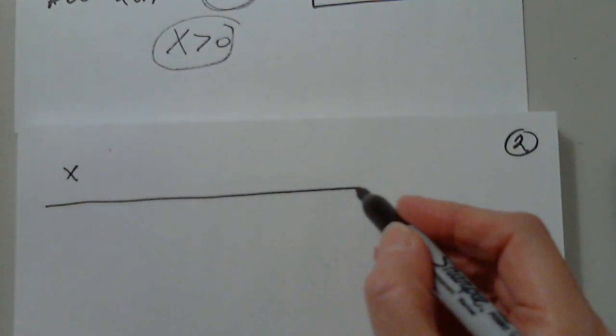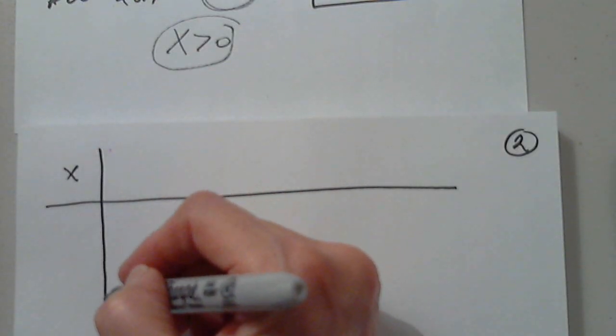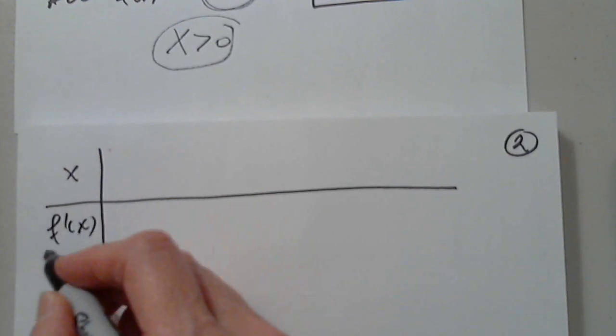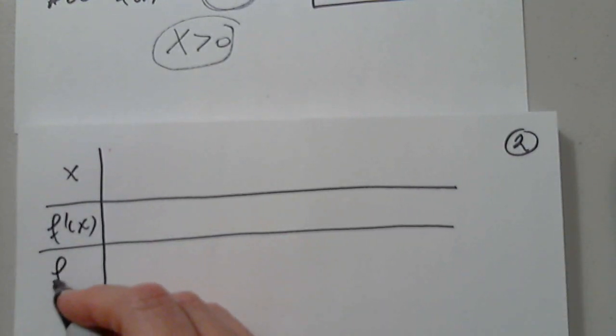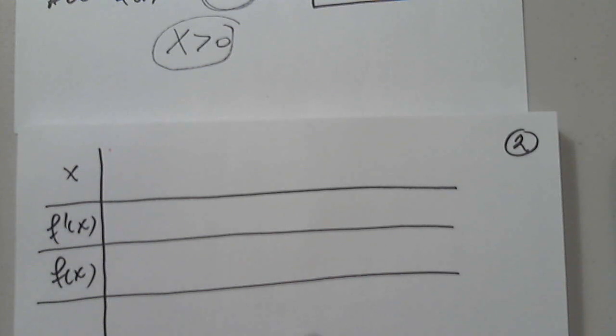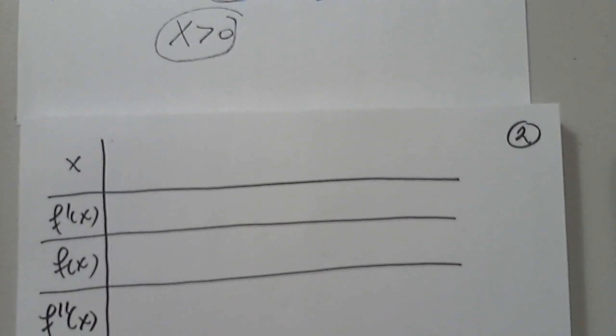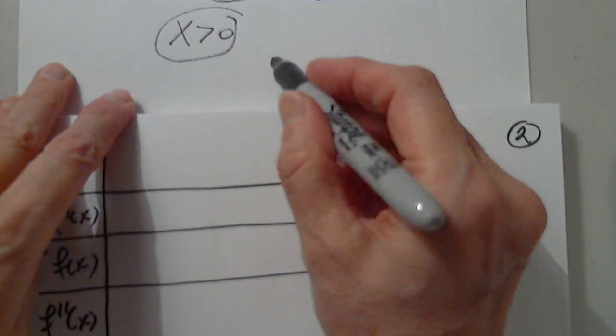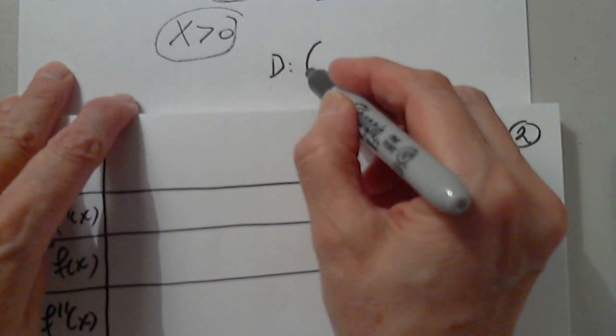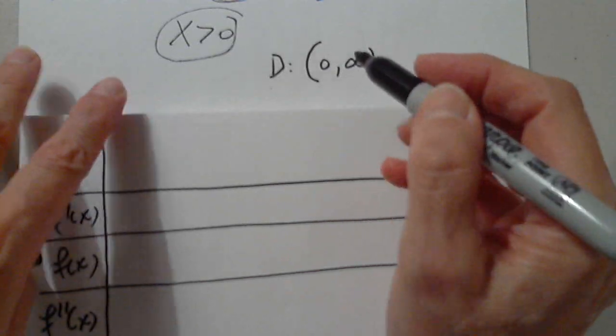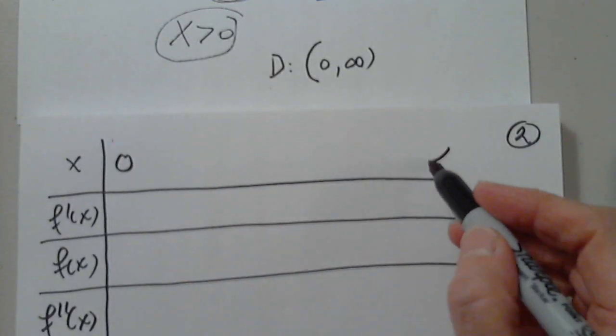So I start my table. F prime, f of x in the middle, and the second derivative. This is the domain, so I'm going to write it here again. Open parenthesis, 0 to infinity.